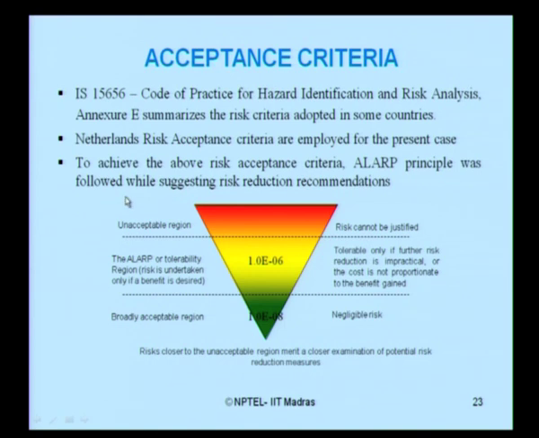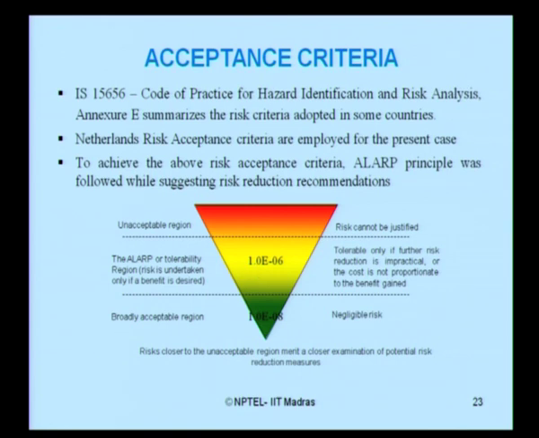To achieve the above risk acceptance criteria, the ALARP principle was followed in this specific case study. We have already seen the triangle. There are red region, yellow region and green region. What is interesting here is, if your risk calculated in the previous slide from the software falls in the band of 1 × 10^-6, we say that it is in the ALARP region.